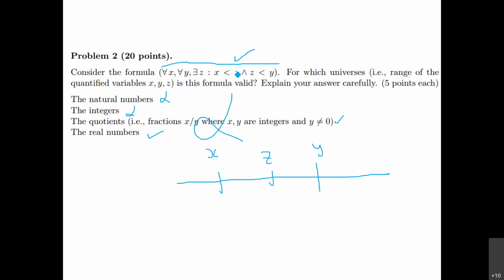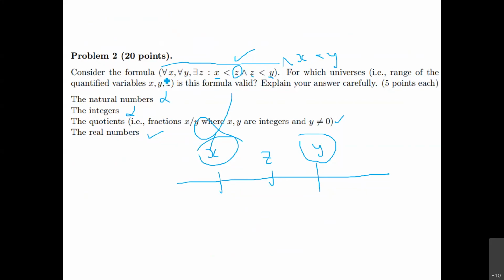But that's not what they're saying. They're saying you can find a z greater than x and a z less than y. That's it. They didn't say that x has to be less than y. We assumed that x is strictly less than y. It's another thing we added, but it's not included.